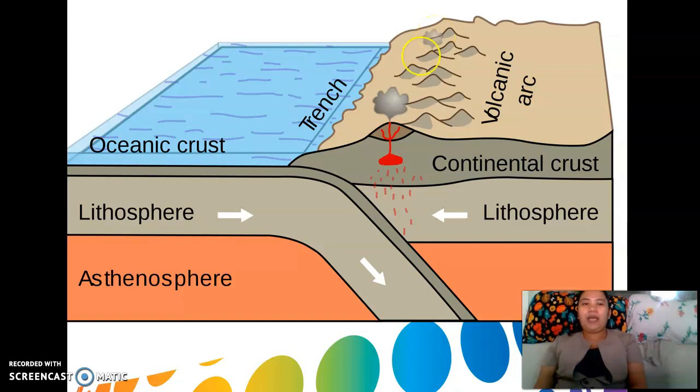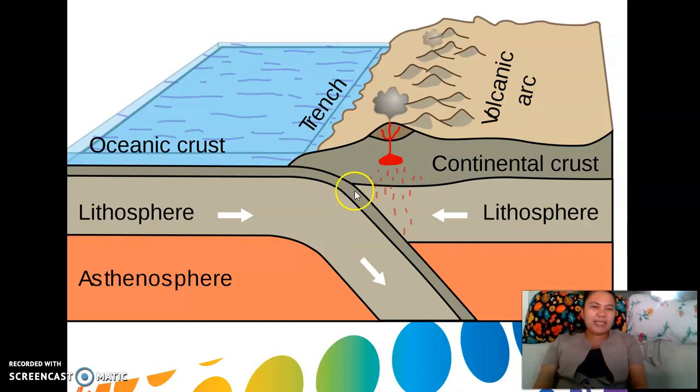Why, teacher, is there still formation of volcanoes in this convergence? Because in the subduction zone, may I reiterate, the interaction between the plate that is subducting and the one overriding atop it creates intensive friction against each other, because there is a collision here.